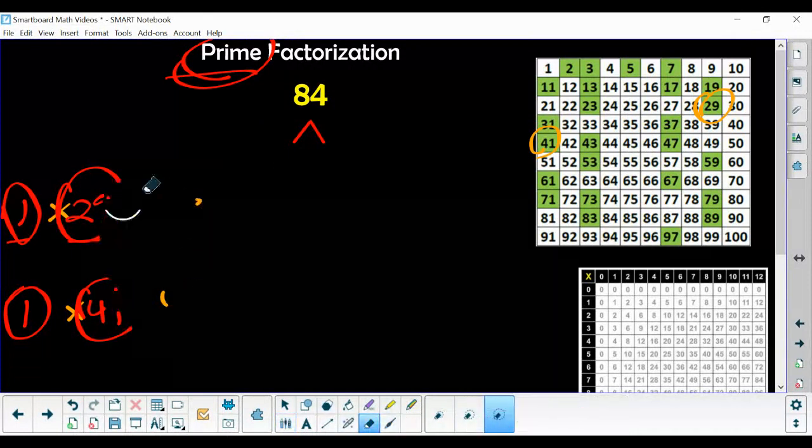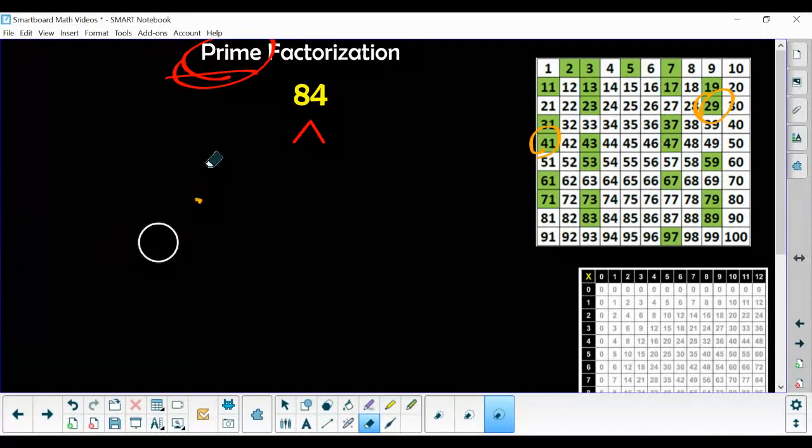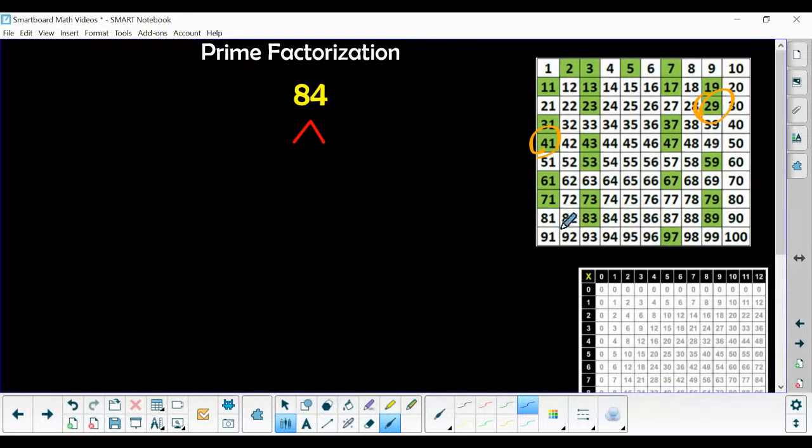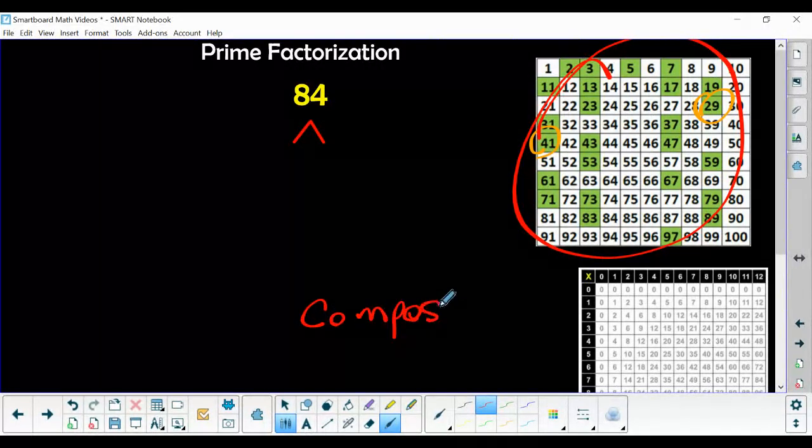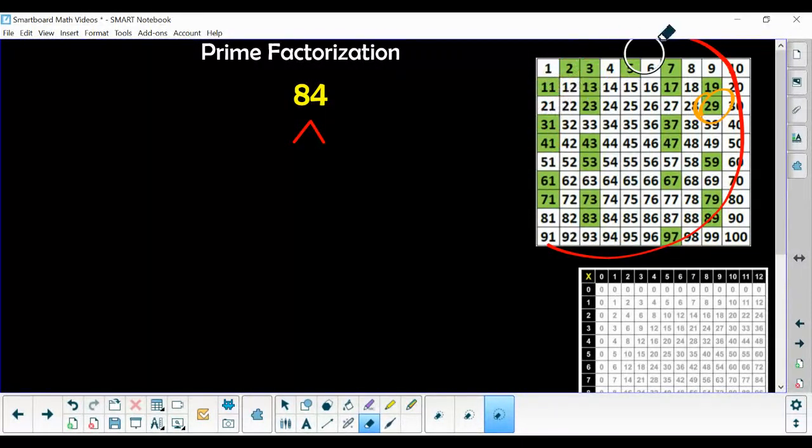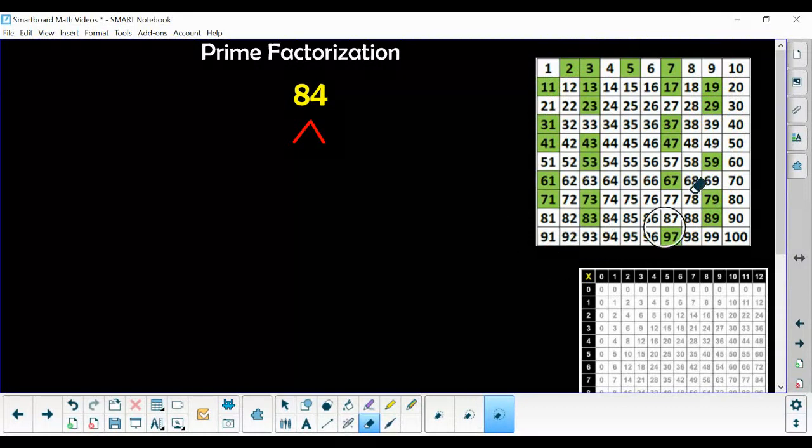Anything that is not a prime number is called a composite. So all these that you see in white over here, anything that's in white is known as composite. Composite numbers. But we're not looking for composite numbers here. We're looking for prime factorization.